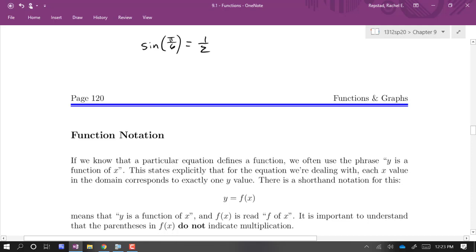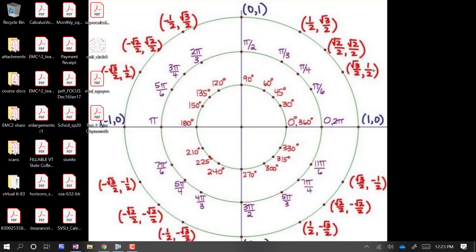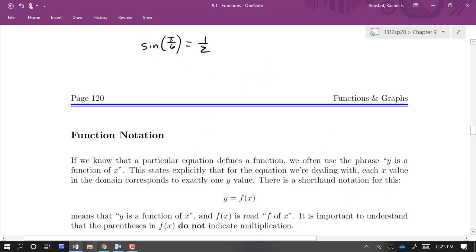We could see that, go back to the unit circle here. We know that sine of pi over 6 is equal to 1/2. And when we read this on the left side, we say sine of pi over 6. And that is function notation. So with the trig functions, we have these special notations like sin, cos, tan for sine, cosine, and tangent, respectively.